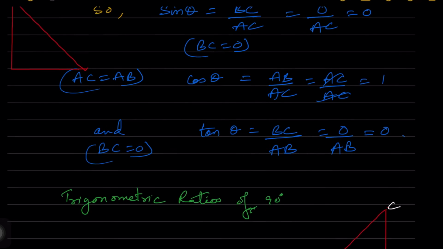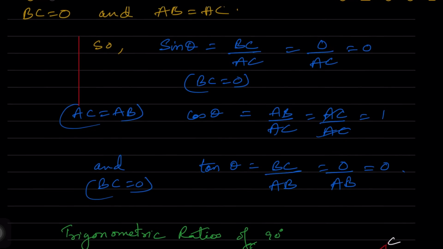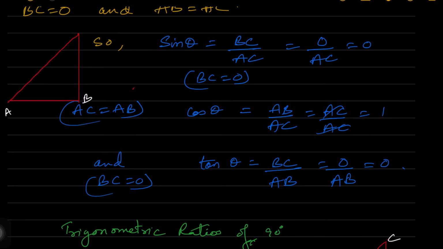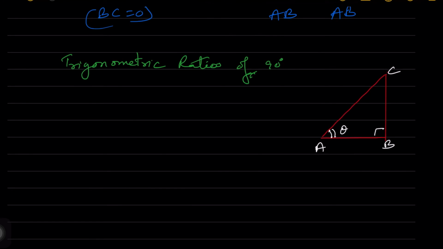We have to reverse this figure actually. So this is the right angle triangle we are having, ABC, for 0 degrees.